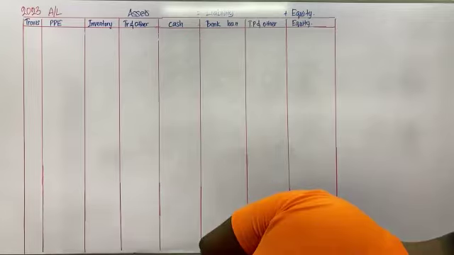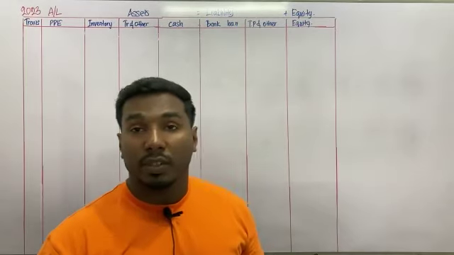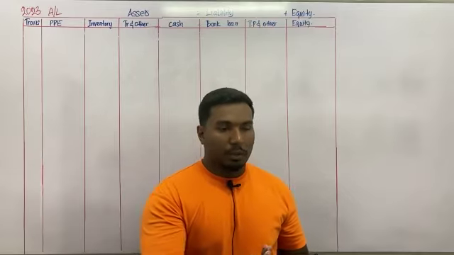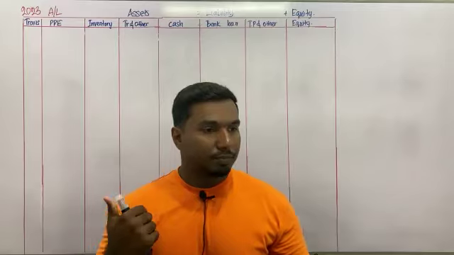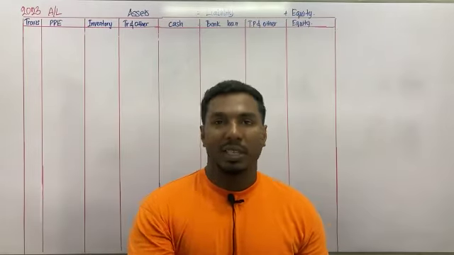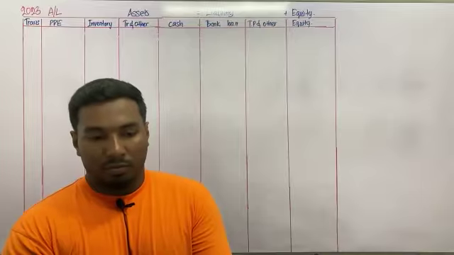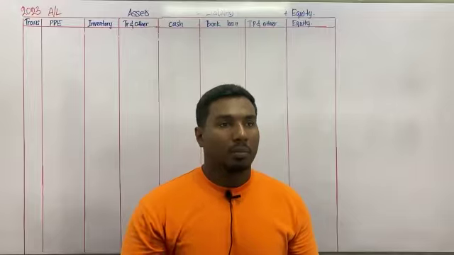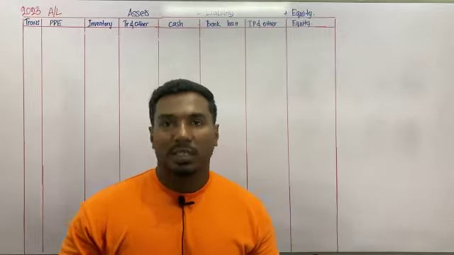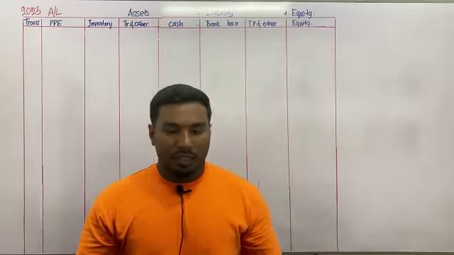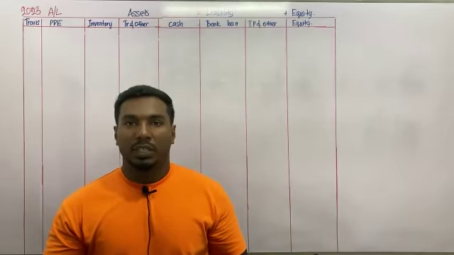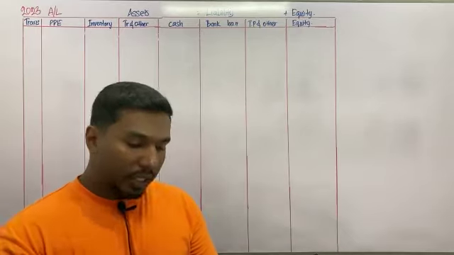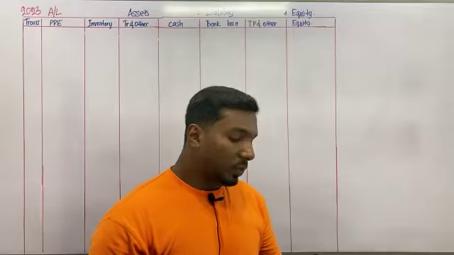I hope you have enough knowledge about the accounting equation because in the classes we already did that, right? The model questions, the basics, the theories, the common mistakes made by the students and how to correct them, all the things have been discussed in the class. So I think it is unnecessary to teach the basics when we are doing the past paper questions. So we'll start with the question.